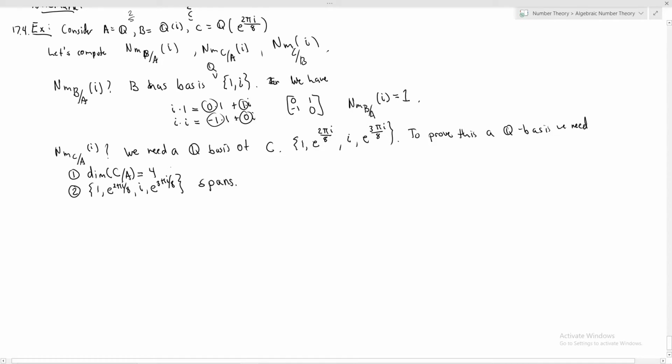Okay, so how do I prove this thing has dimension 4? Oh, I just need to know what the minimum polynomial for this guy is over Q. Okay, so dimension of C over A equals the degree of the minimal polynomial for e to the 2 pi i over 8 of x.